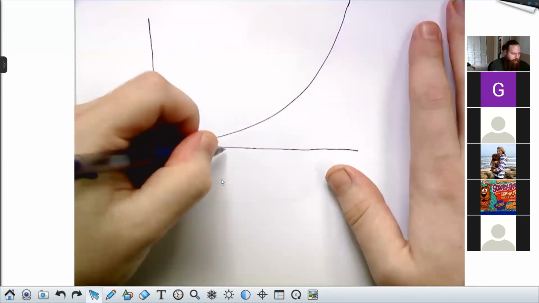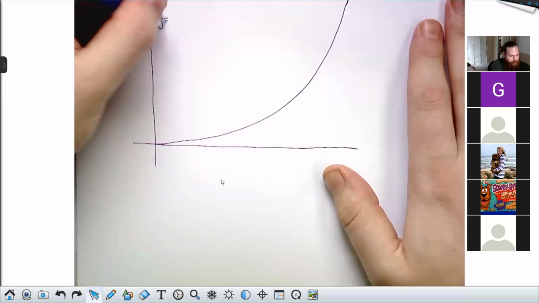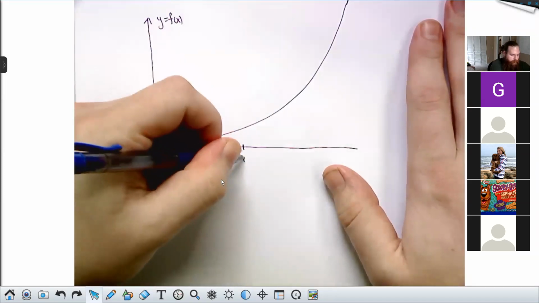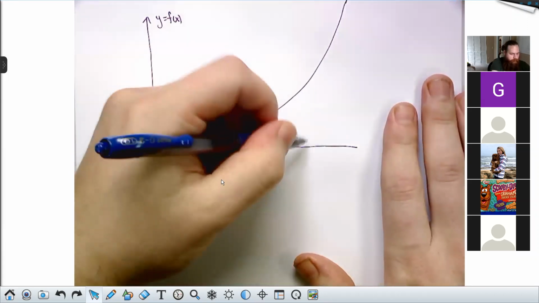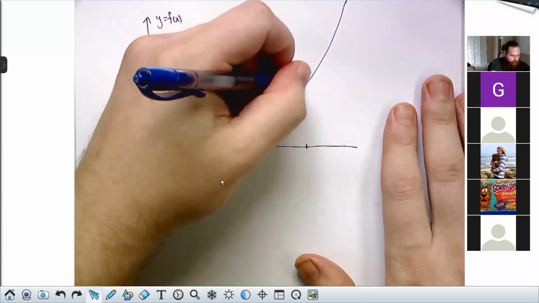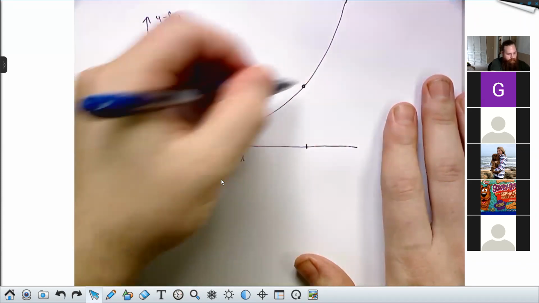Maybe I have some function here, call it f of x. And I ask you to find for me the average rate of change from this point to this point.